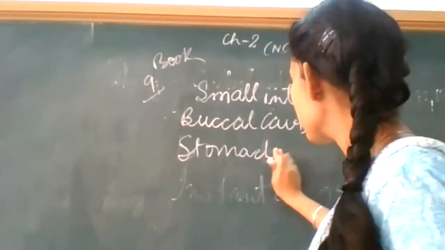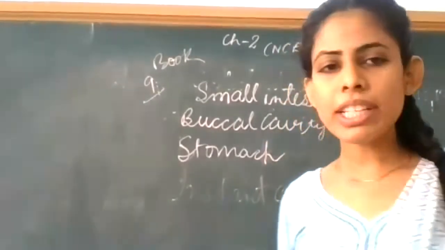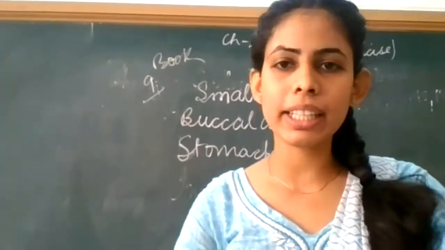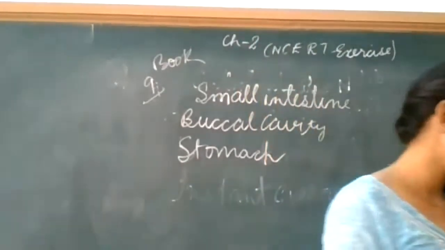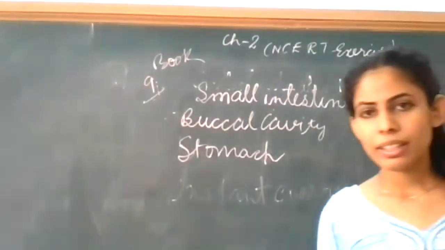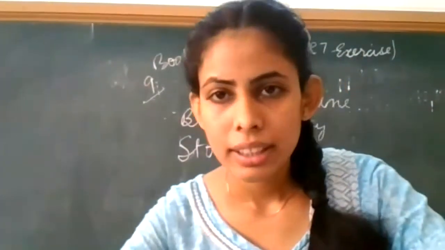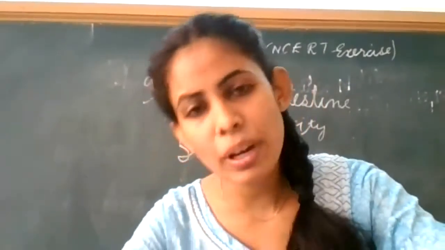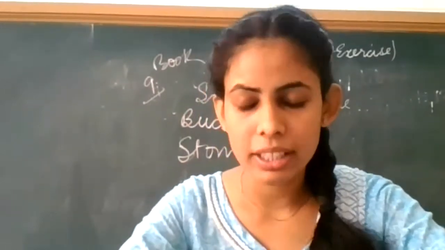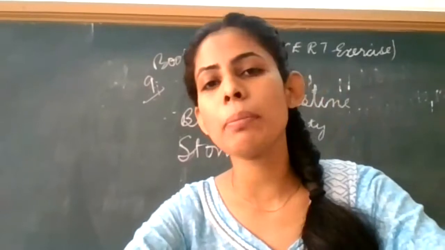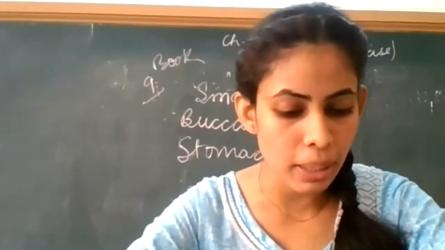And the next, which acid is present in stomach that is killing the bacteria? Khushpreet Kaur, you know the answer, बच्चे? Hydrochloric acid. Yes, hydrochloric acid. Very good. So you must remember all the important things that we have discussed in the chapter.